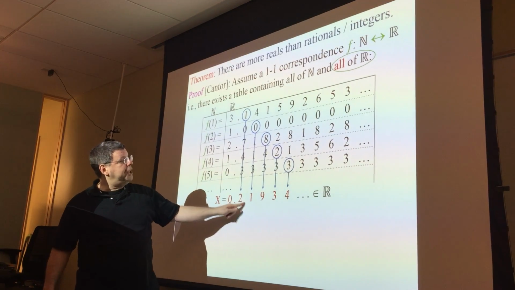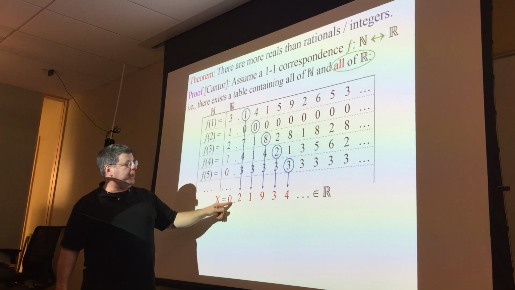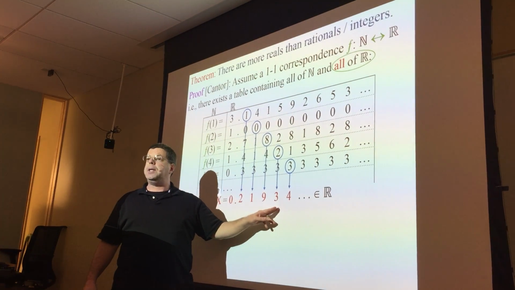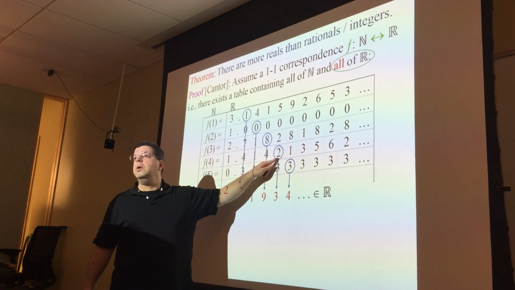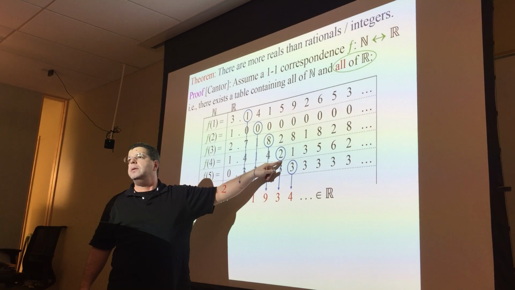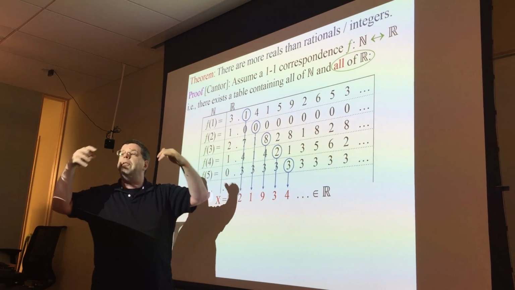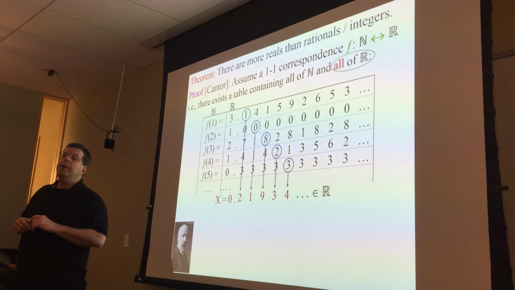I'm telling you the definition of every digit of x. I'm saying that the kth digit of x is the kth digit of the kth row plus 1, modulo 10. So I'm defining x very specifically, very explicitly, unambiguously.